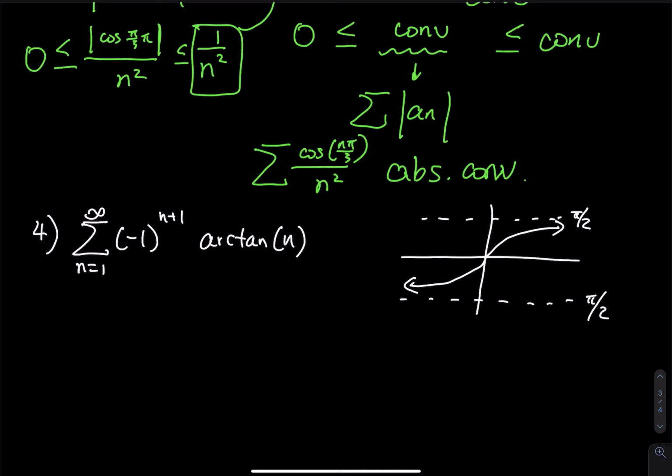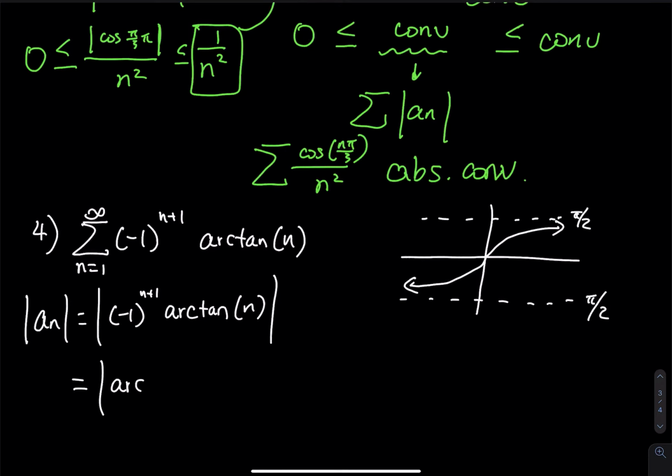All right, so let's take the absolute value of this. So the absolute value of a_n, that is the absolute value of -1 to the n plus 1, and then arctangent n. So take away the absolute value, so we only have arctangent of n. Now, when n goes from 1 to infinity, treat that as arctangent of x.